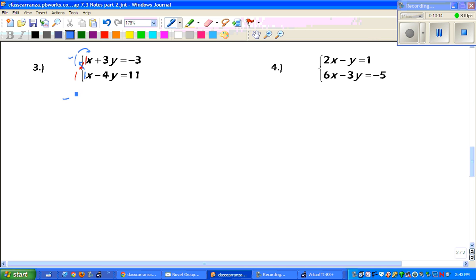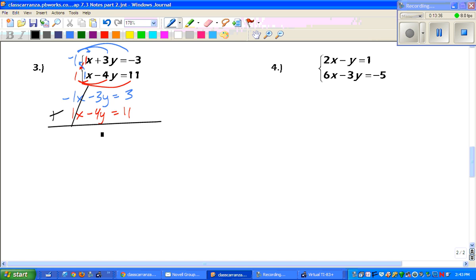And redistribute, so we get negative 1x minus 3y equals 3. Remember, a negative times a negative. And since we're just multiplying by 1, those all just stay the same. Okay?